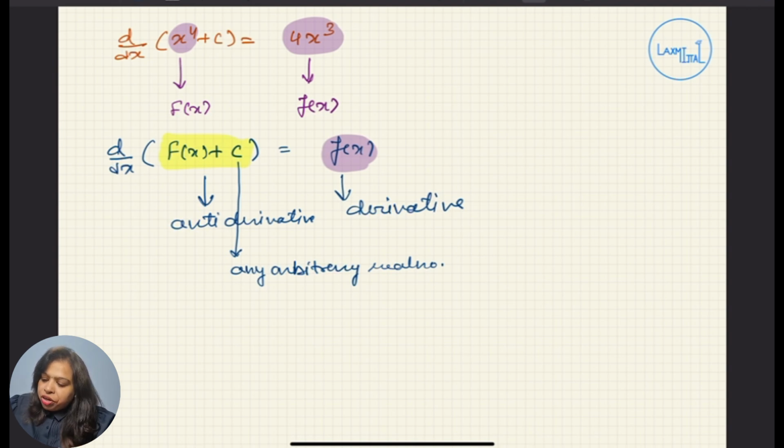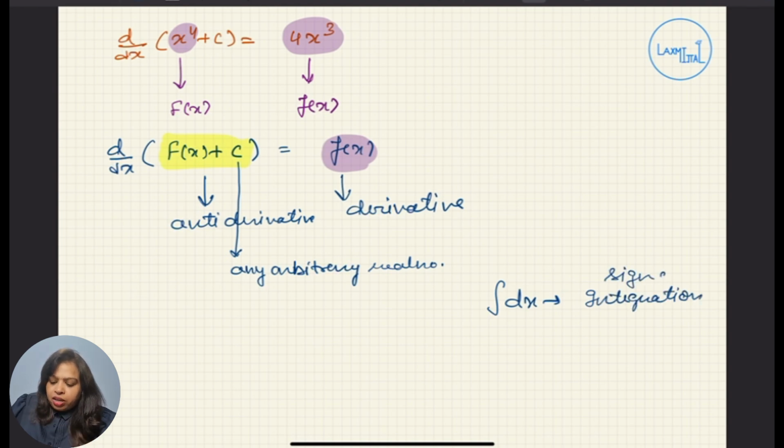What is the sign of integration? Integral dx, this is the sign of integration. By taking integration on both sides, the process is known as integration, right? F(x) plus c, I have taken integration on both sides.